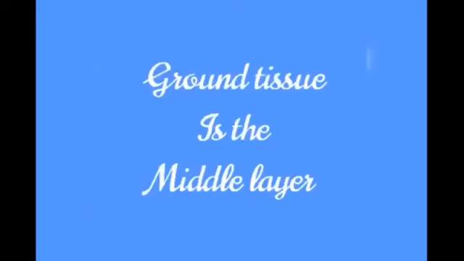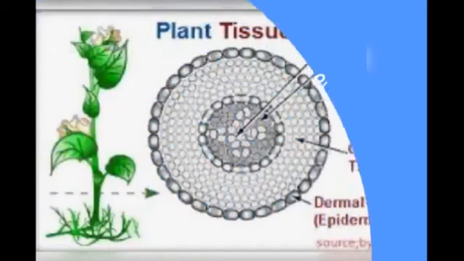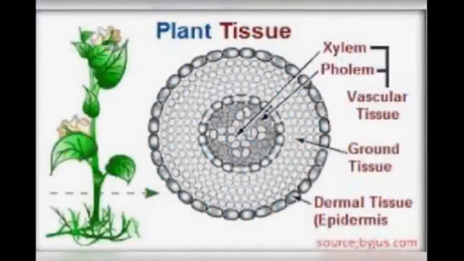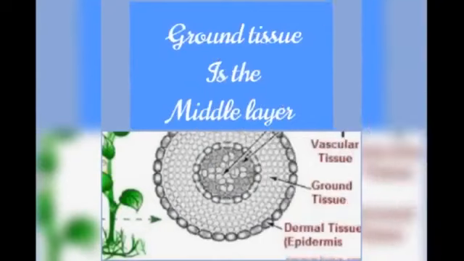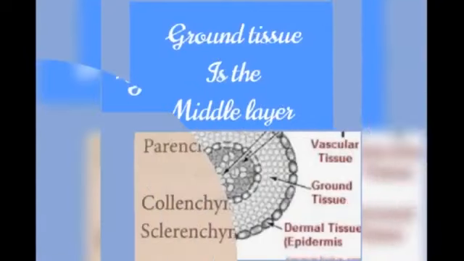The next layer is the ground tissue, which is the middle layer of the organ. This ground tissue consists of the layers between the epidermis and the vascular bundle. It mostly consists of three different types of cells called the parenchyma, collenchyma, and the sclerenchyma tissues.